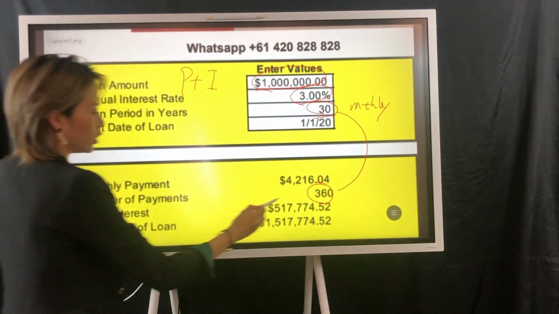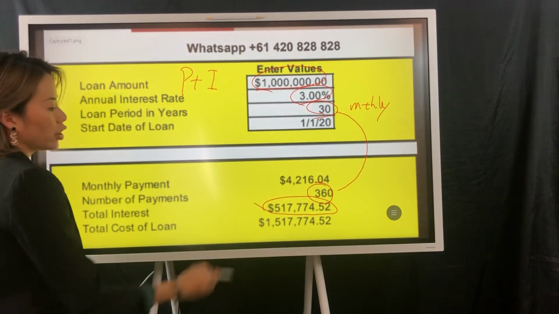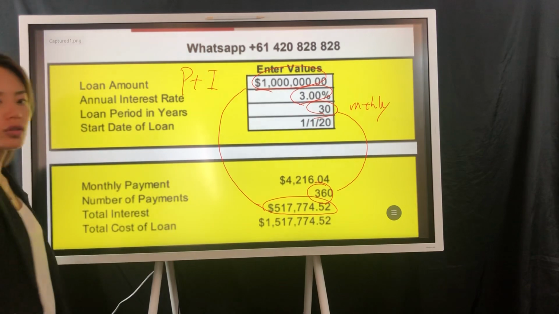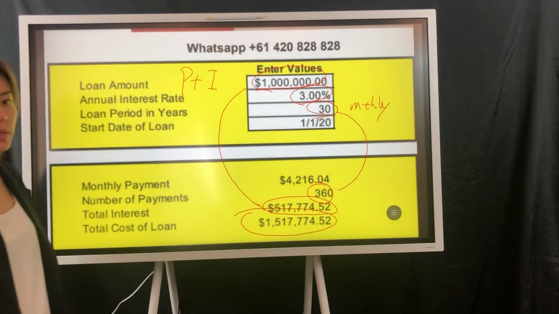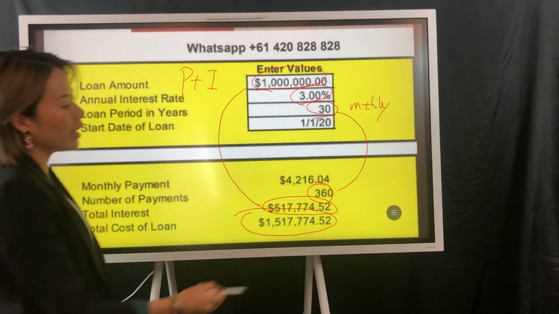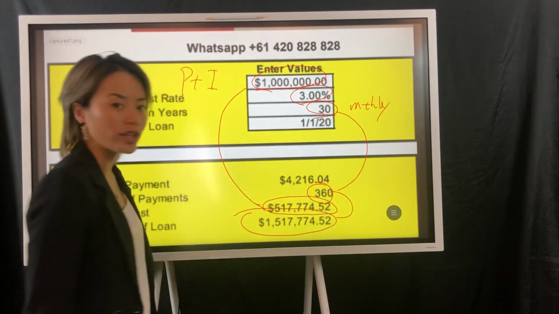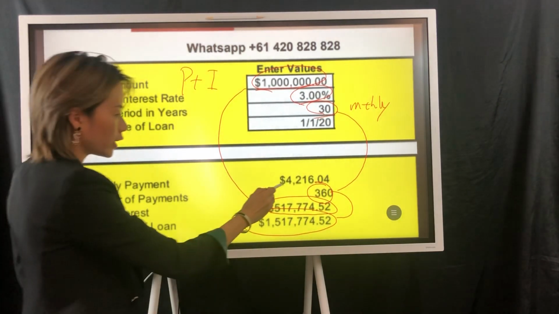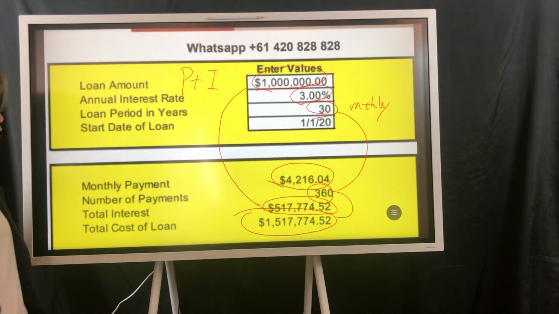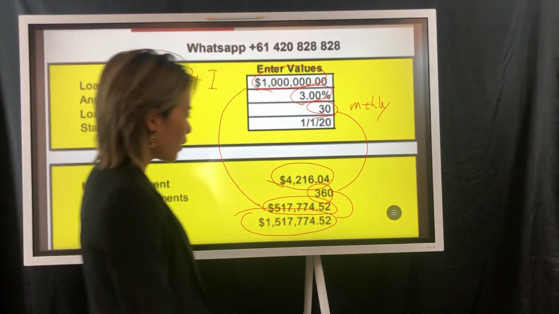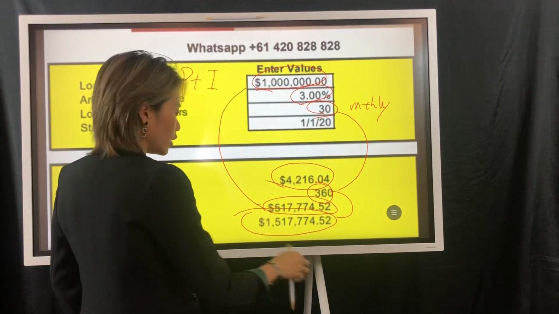We've got a total interest here. You add that up with the original loan amount and we have the total cost of the loan, which is principal plus interest. You divide that into 360 repayments and you get a monthly repayment of $4,216.04.